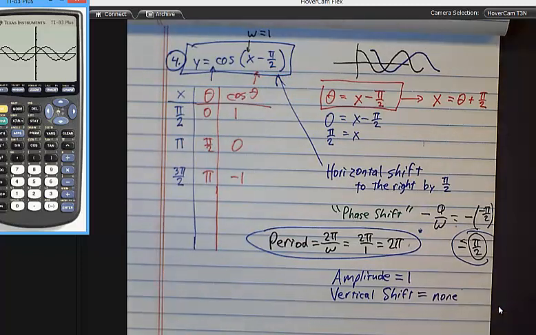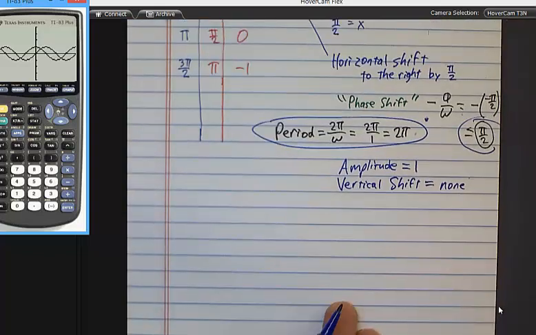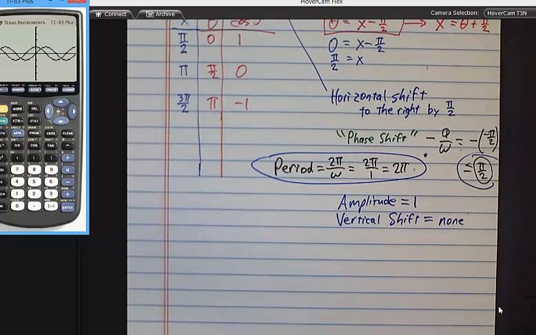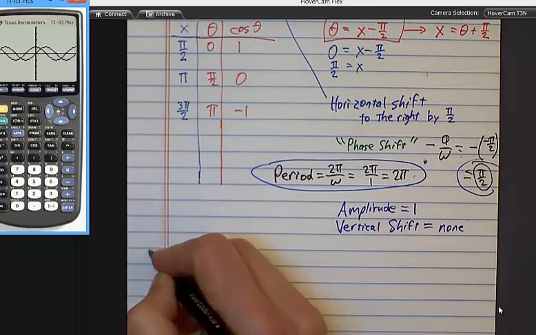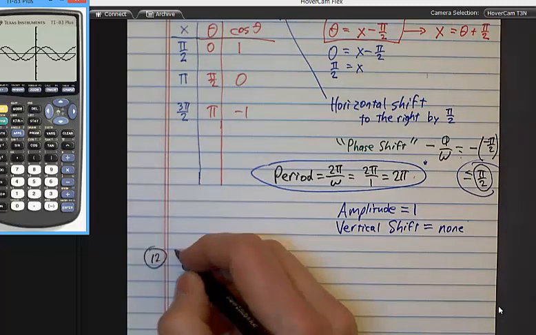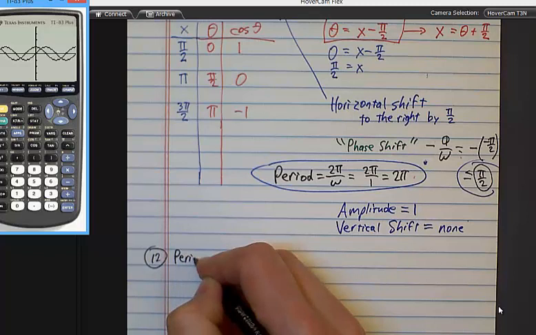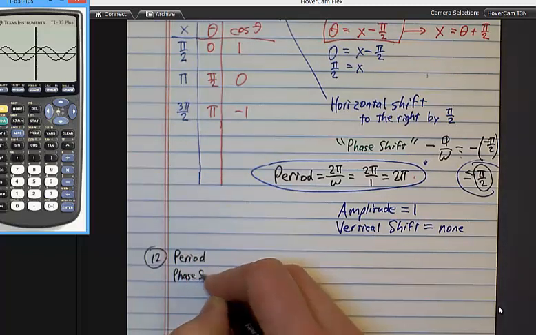Let me try one more. Again, let's do one of the harder ones. Let's try number 12. And then I think we'll move on. What I would like to do again is sketch a graph. But maybe first I'll try writing down the period, phase shift, amplitude, and vertical shift.